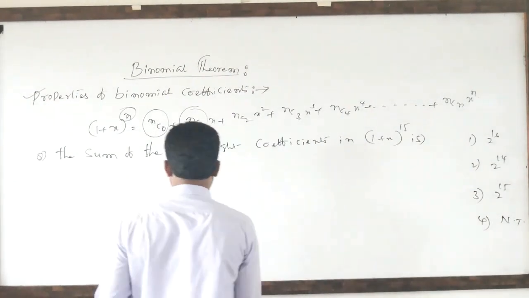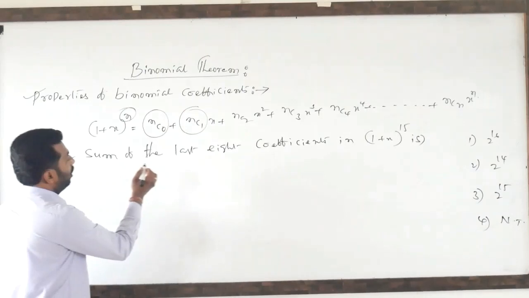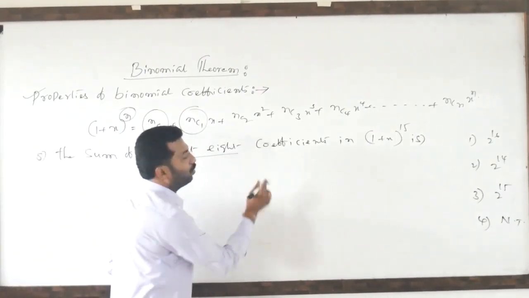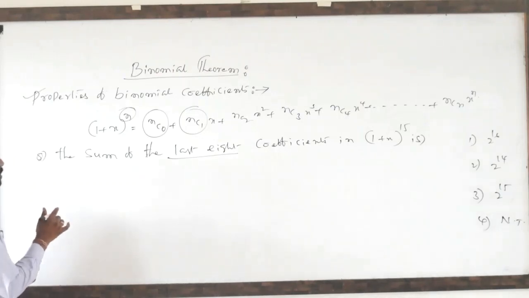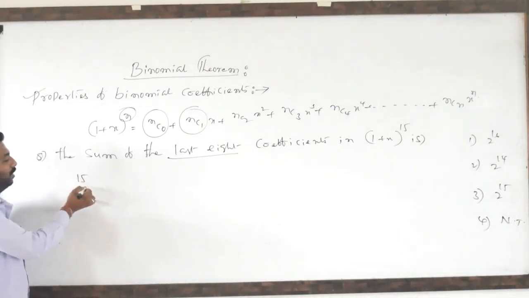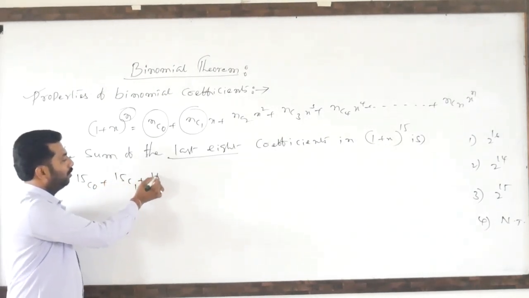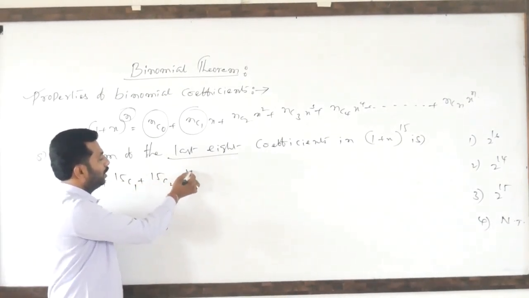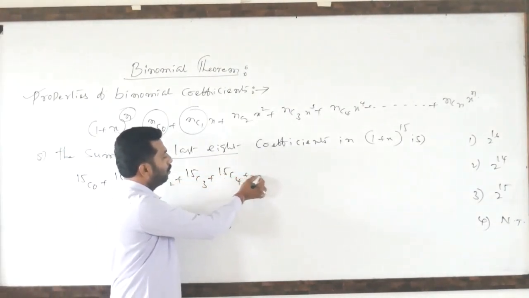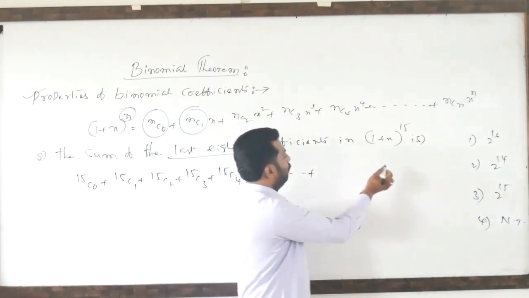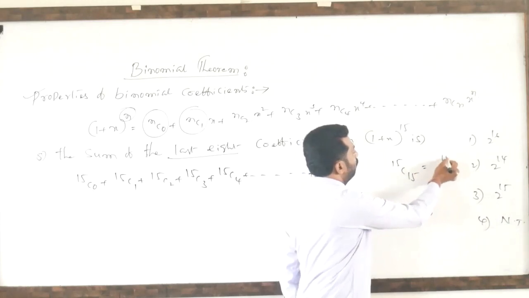So which one is the answer? You have to calculate. See, the sum of the last 8 binomial coefficients. What is the sum of all binomial coefficients? 15C0 plus 15C1 plus 15C2 plus 15C3 plus 15C4 plus and so on 15C15 equals 2^15.